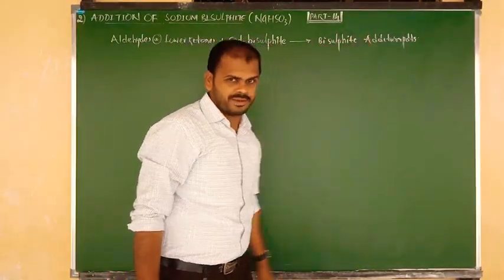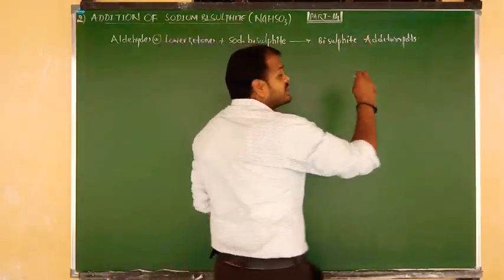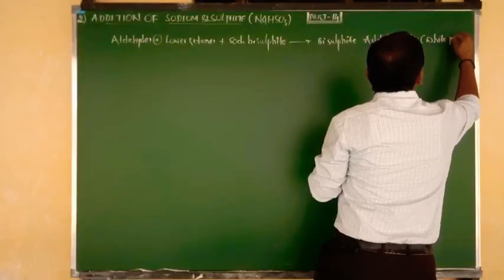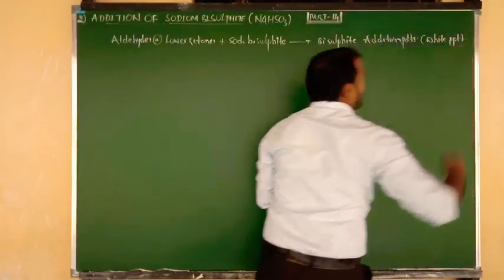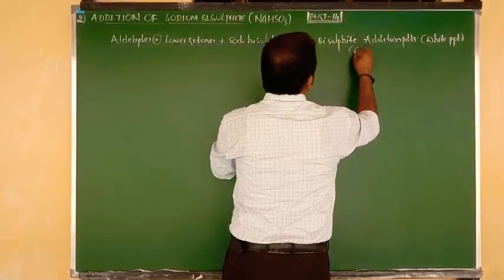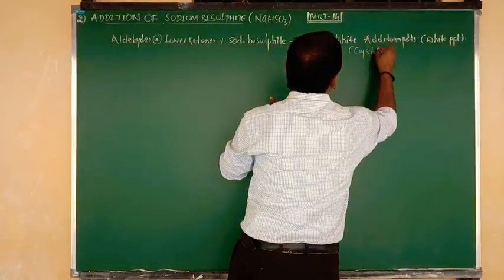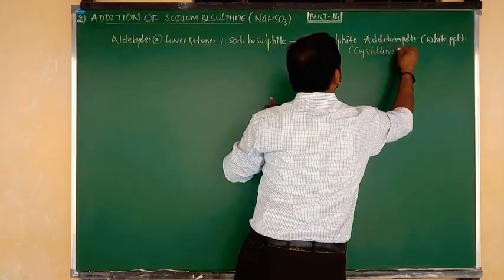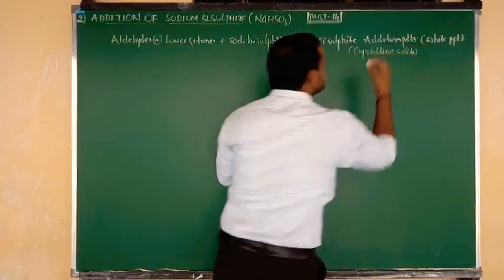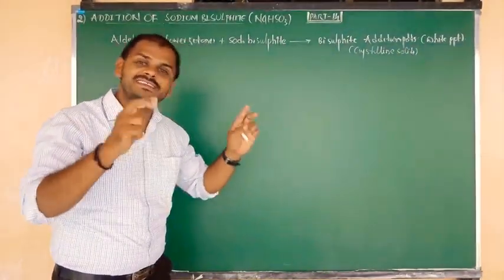Such bisulfite addition products are known as white precipitates. So this is a white PPT compound and they are obtained in solid form. These compounds are crystalline solids. Precipitates are solids only, but which type of solid? White colored crystalline solids.